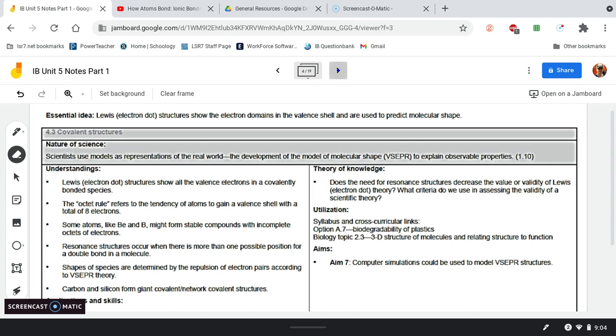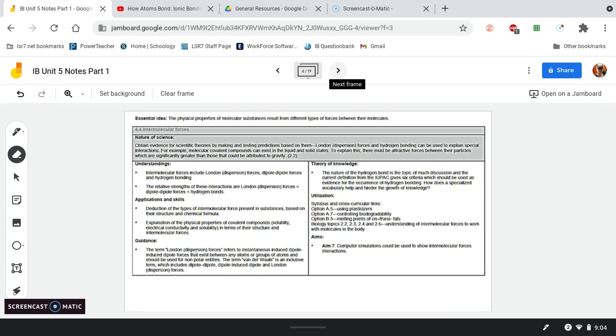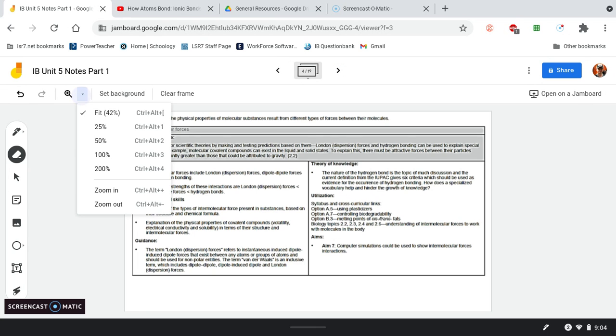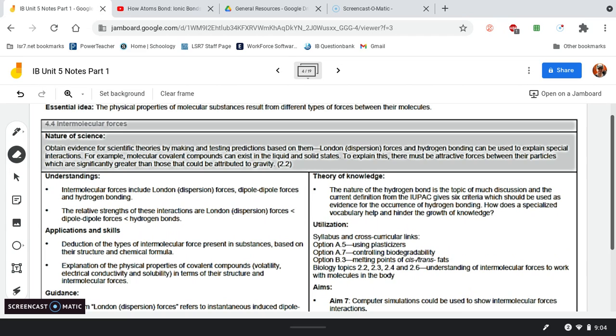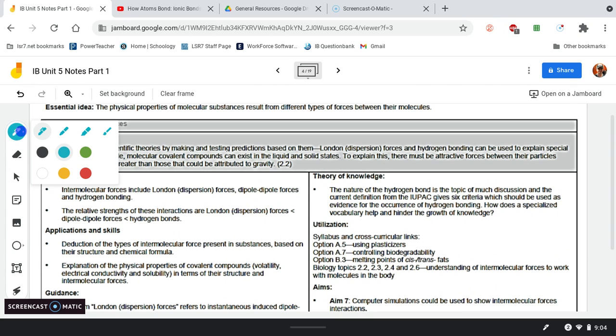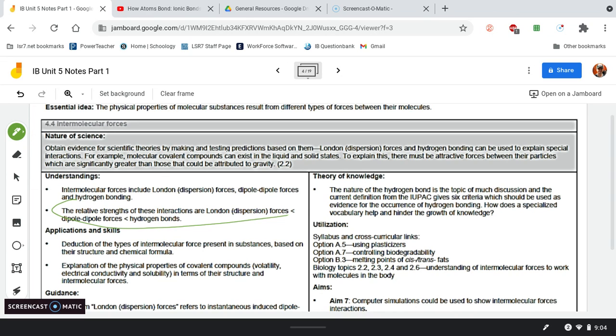So that'll be new. And then here, I don't know if we got to this last year or not. It just depends on your teacher and what you were doing. But intermolecular forces are a set of three forces that hold nonmetals together. And that's kind of weird, because why do nonmetals even stay together?